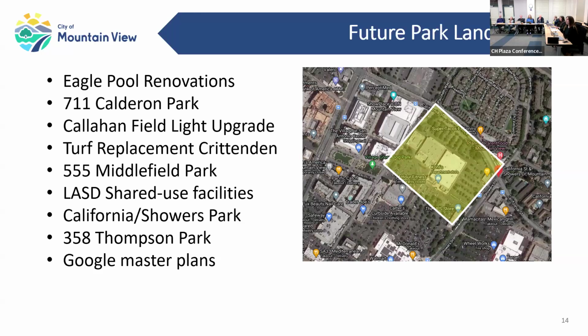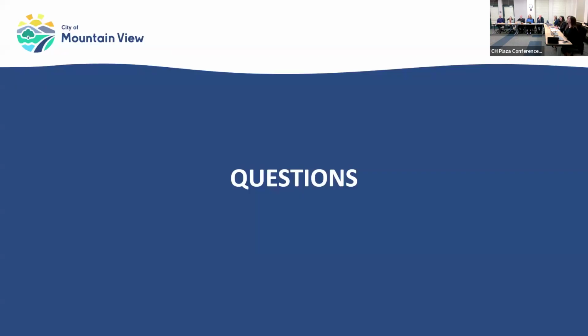And then finally, the parks associated with the Google master plans, which Angela also mentioned. So as you can see, we have, again, a lot of future parkland projects that we are planning for, but again, not actually committing any fees tonight. And that is the end of my presentation. So if you have any questions.